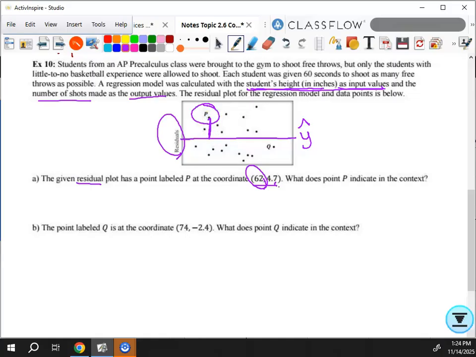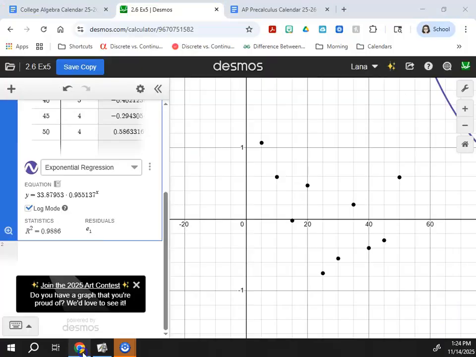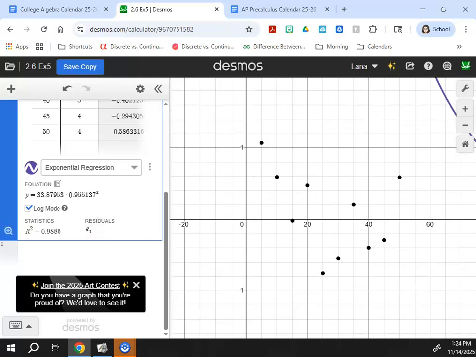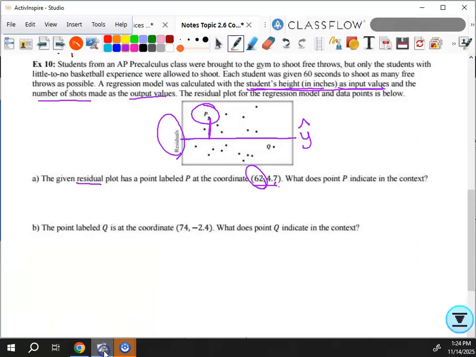We don't know what the y value was because we flattened it out, just like here. If I do this, we can see the green points, right? Those are our actual y values, and then these are the residuals. The x values are the same, but the new y values here, those are the residual points themselves. So it is definitely an underestimation, but what does that 4.7 represent?